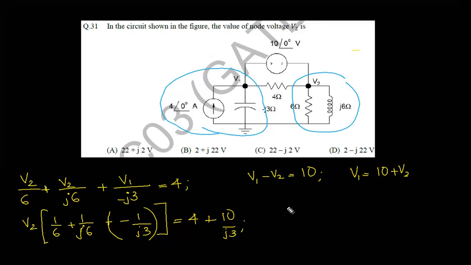Now solving this, we can obtain V2. So V2 turns out to be 2 minus J22 volt. So the answer is D, 2 minus J22 volt.